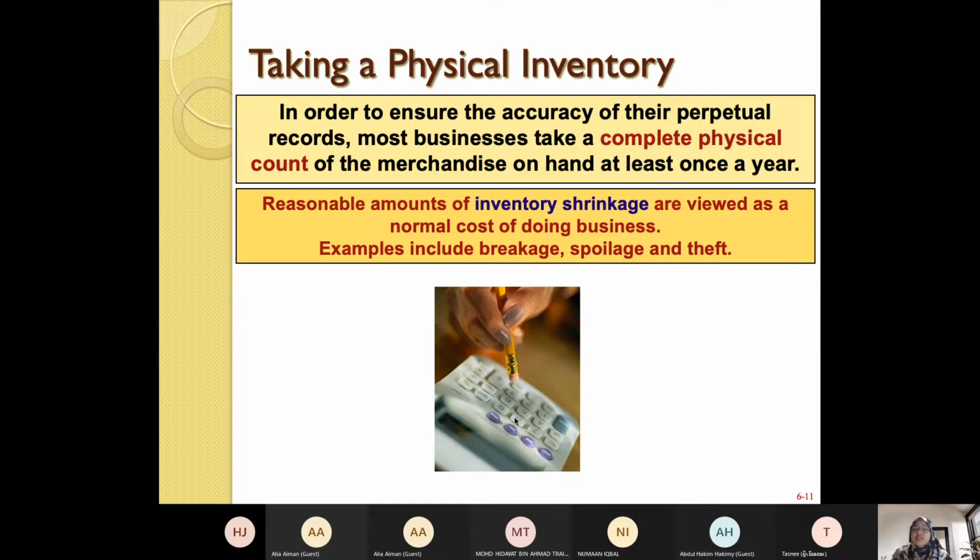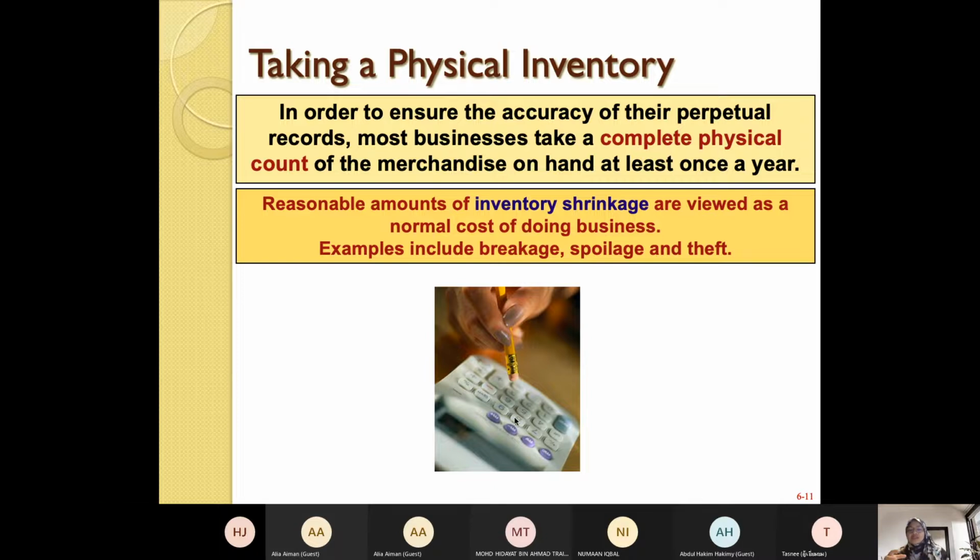Most of the time there will be a shrinkage. It is unlikely that your physical is more than your accounts. So your physical most likely will be less than your amount in the accounts. This is what we call inventory shrinkage.